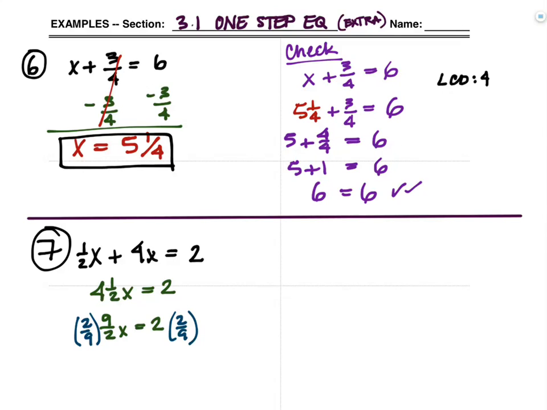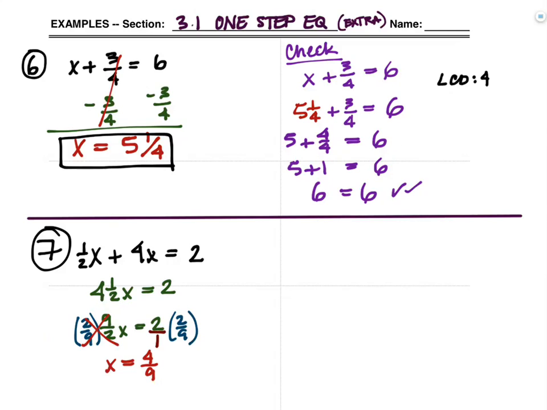And 18 over 18 is the same thing as just 1, which we really like. So that's good news for us when we can go ahead and cancel those pieces out. So let's do that. And we get x is equal to 4/9 because this whole 2 is like 2/1. So 2 times 2 is 4, and 1 times 9 is 9.